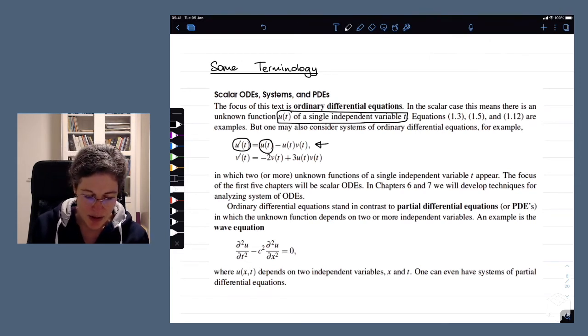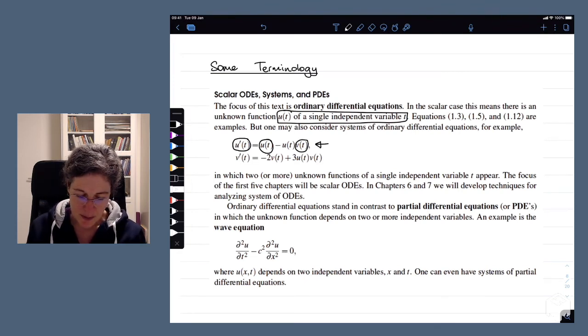Now, it can happen that we can have some other function of a single variable as well. So this gives us a system of differential equations, but they're still ordinary differential equations because the derivatives that we have in here are ordinary derivatives of a function of just one variable.